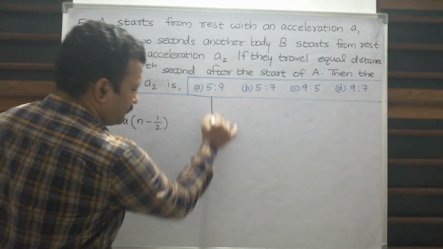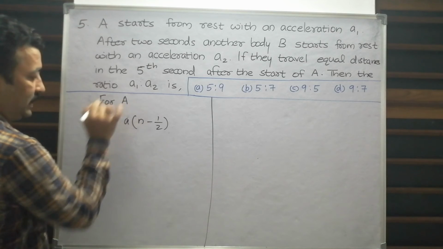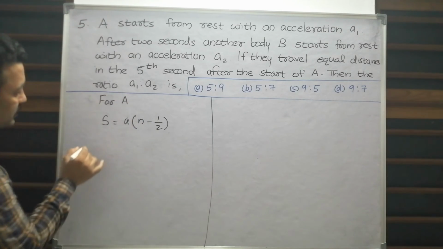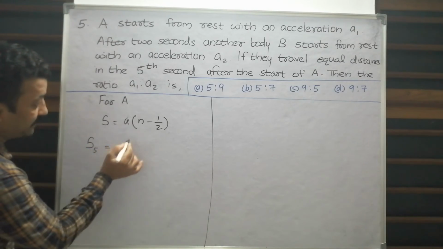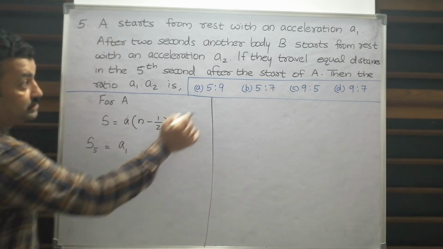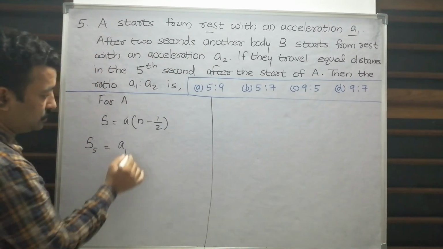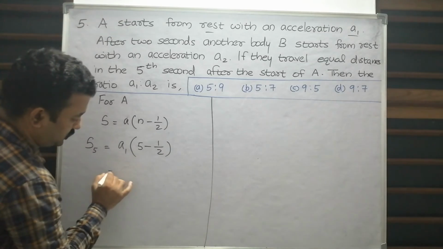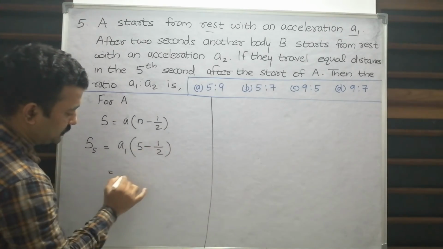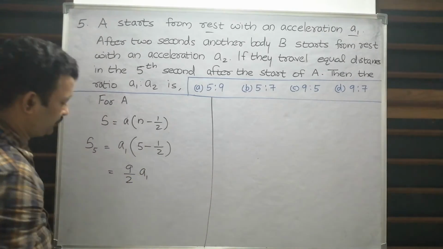We will write it for A as well as B. For A, what I can write is distance in the fifth second can be written as a1 is its acceleration, which is given a1. It is starting from rest, so u is 0. So 5 minus 1 by 2, this becomes 2 into 5 minus 1, that is 10 minus 1, it is 9 by 2a1.